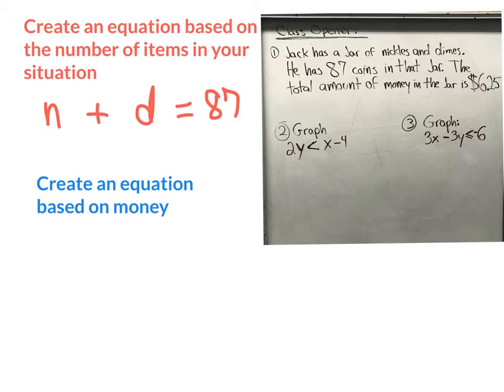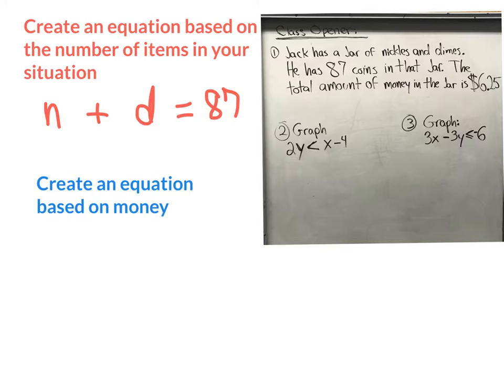So when we create an equation based on money, we want to be specific to the actual worth, right? So how much is a nickel worth? 5 cents, right? So if I had 2 nickels, then I'd have 10 cents. If I had 3 nickels, I'd have a total of 15 cents.